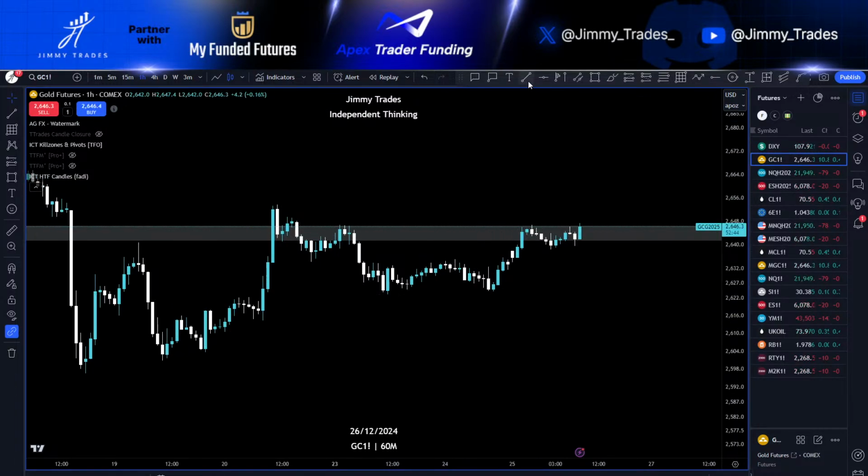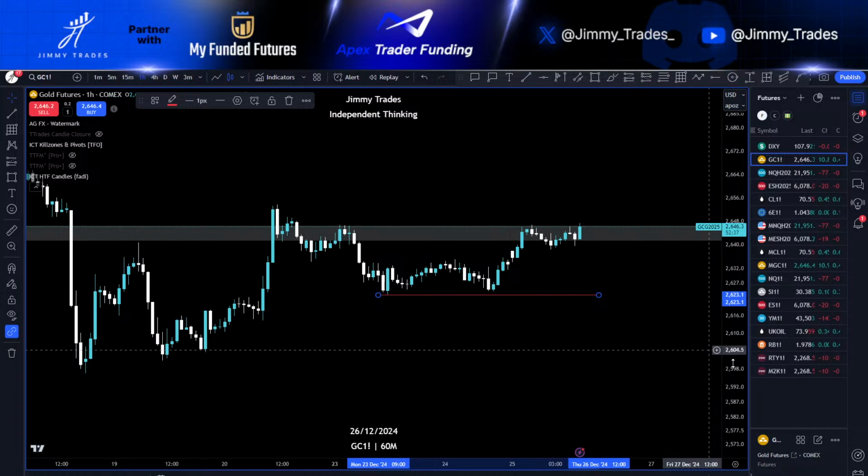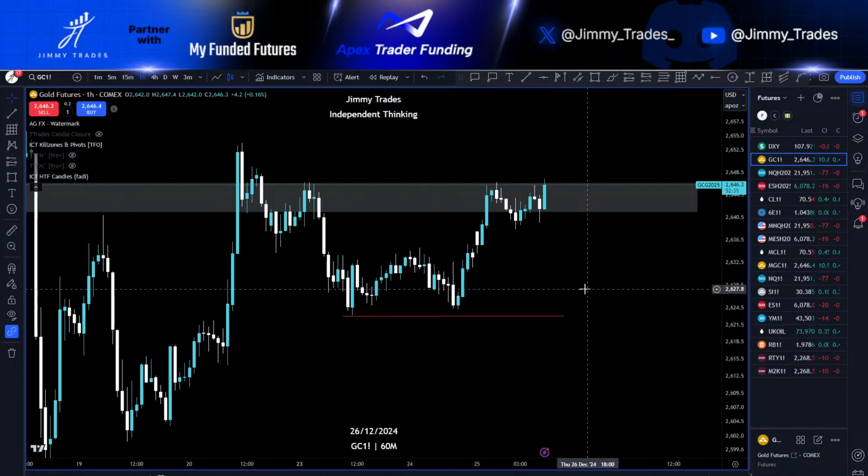These relative equal lows, potential draw there.